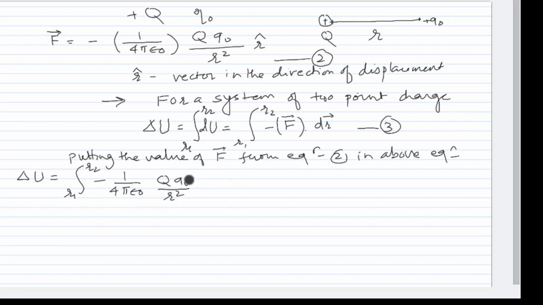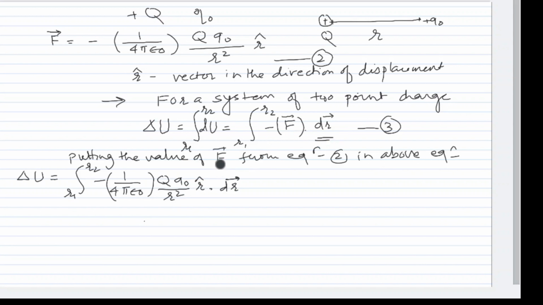Let us write in separate form, because I am considering the constant terms together, so I'll write it here like this, 1 upon 4 pi epsilon 0, and r cap into dr as it is from this.